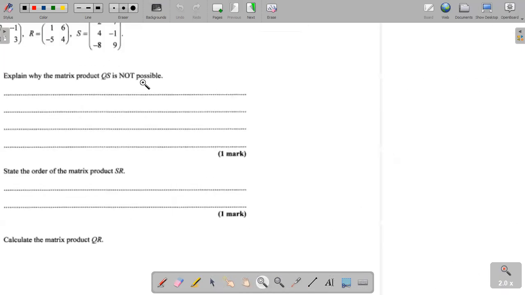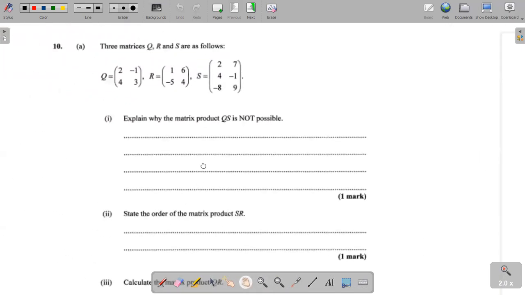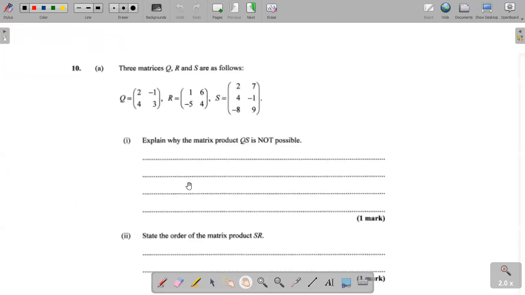All right, so let's take a look at this question. In question 1, we understand what the order means, right? The order of a matrix is the arrangement of the numbers. You have a certain number of rows by a certain number of columns. The first number is always rows, the second number always columns. What is the order for this first matrix? How many rows do we have? 2. How many columns? 2. So this is a 2 by 2.